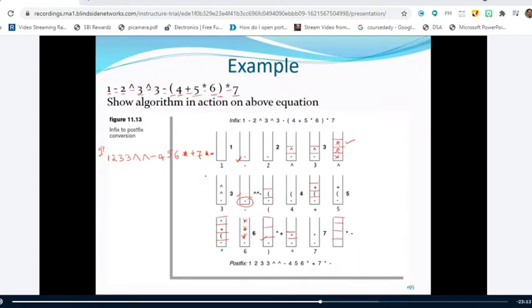Right. So is this the correct answer or not? 1, 2, 3, 3, cap, minus 4, 5, 6, star plus 7 star minus. Right. Is it clear up to this point? Yes, sir. So we have seen a lot of examples of conversion of infix expression to the postfix expression.